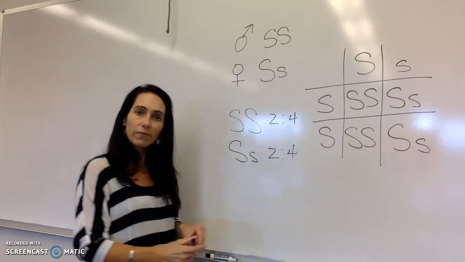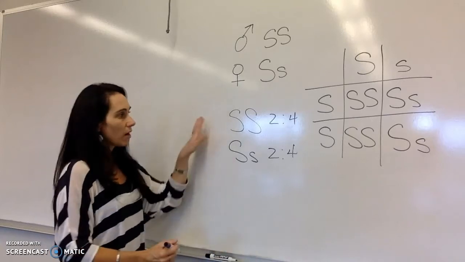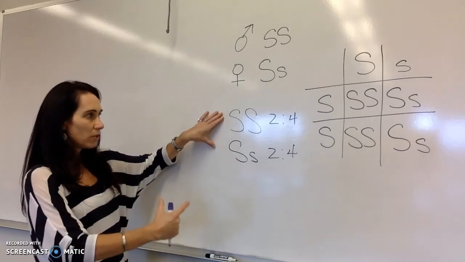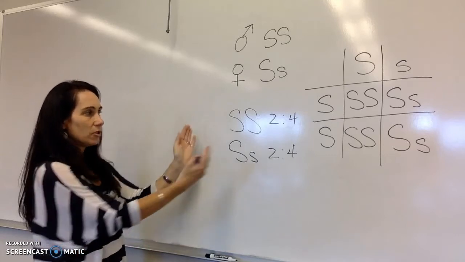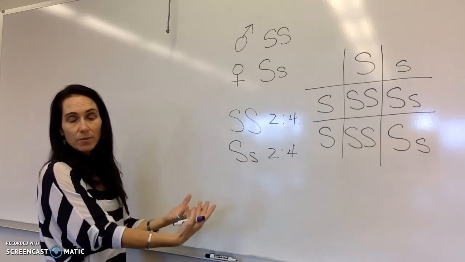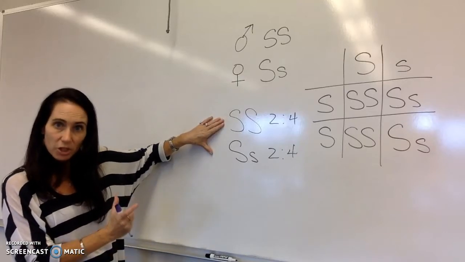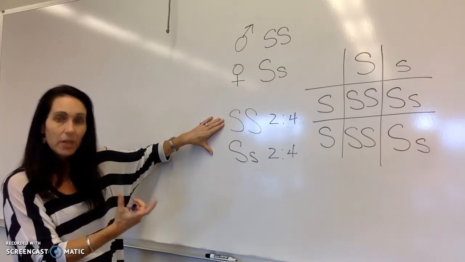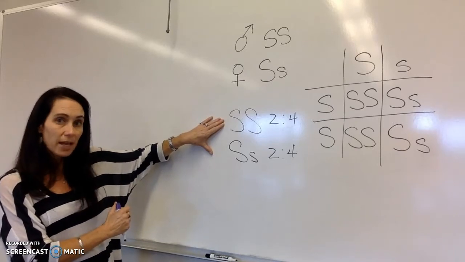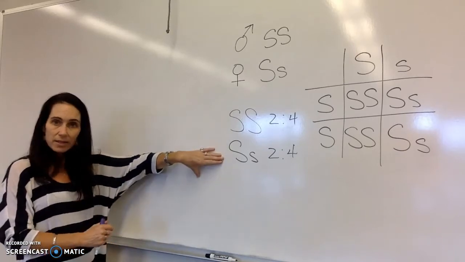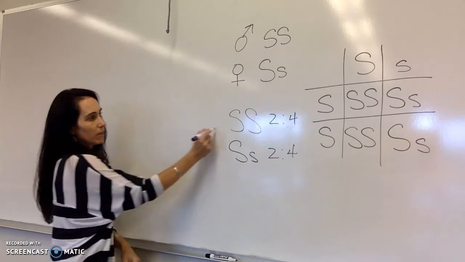Now, for the phenotype and the ratio, all we need to know is that we translate the genotypes into the phenotypes that they produce. So, this genotype produces a spotted monkey, and this genotype produces a spotted monkey.